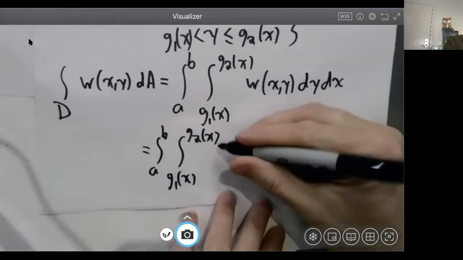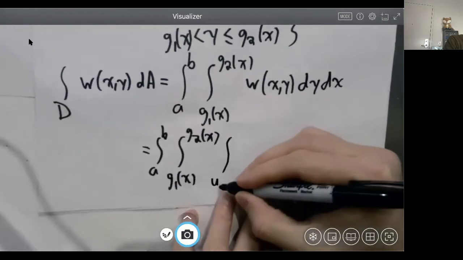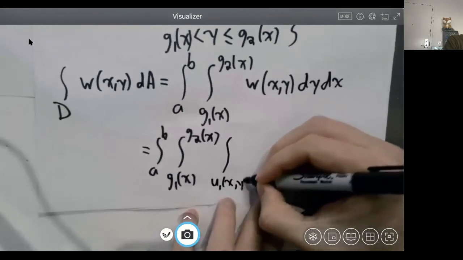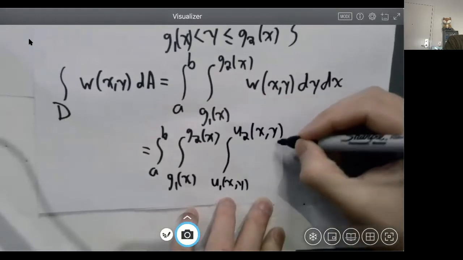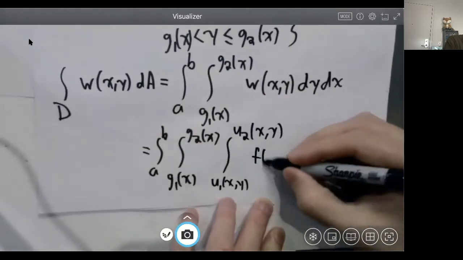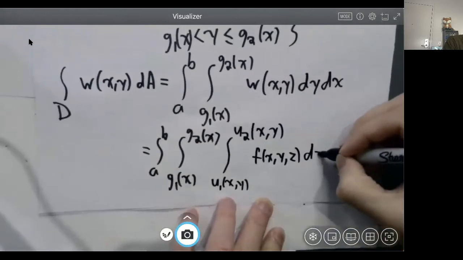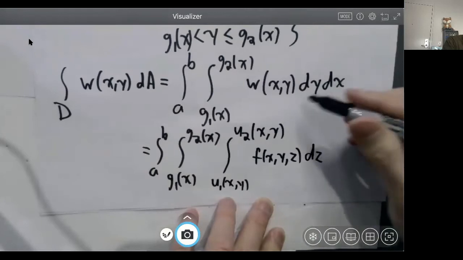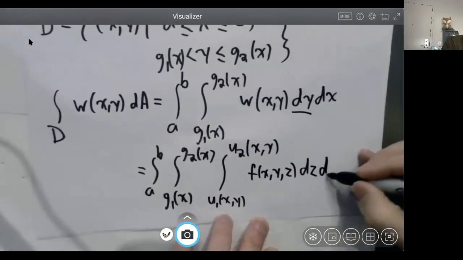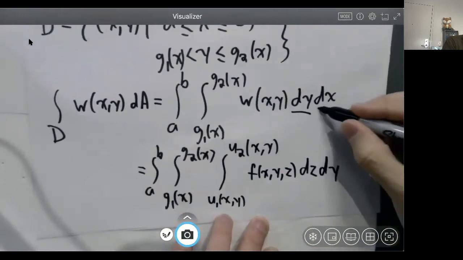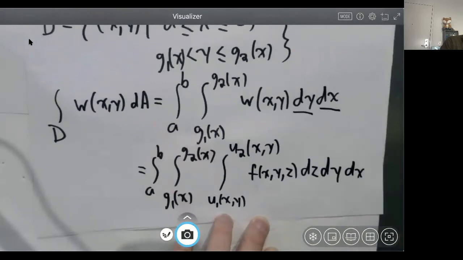So I'm just going to write that down. What we have here is the integral from u1 of xy to u2 of xy of f of xyz dz, and then here we have a dy, so I put a dy here, and here we have a dx, so I have a dx here.